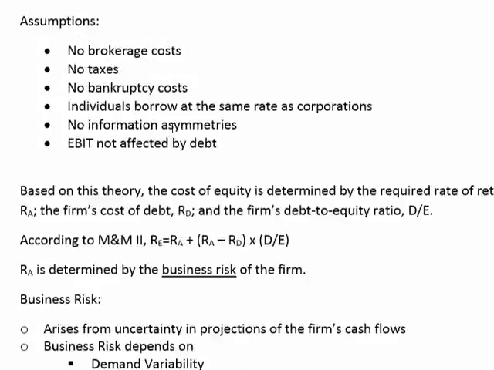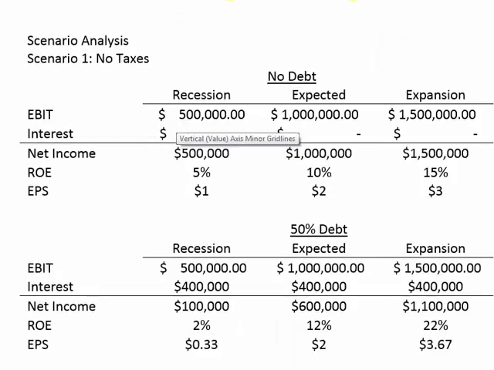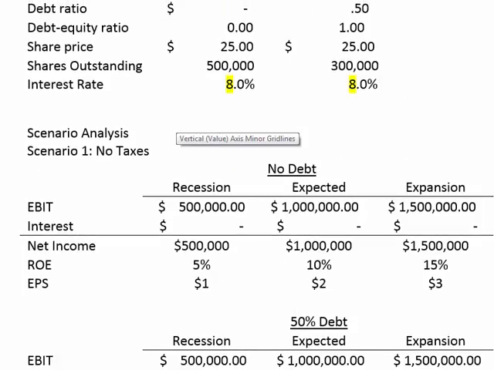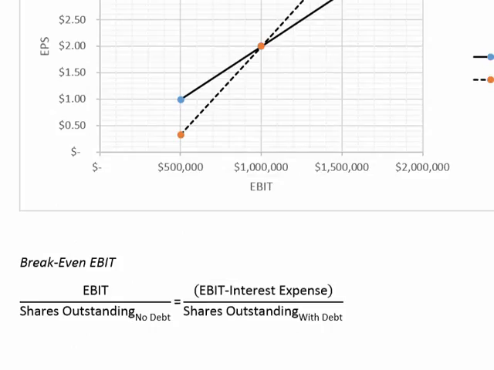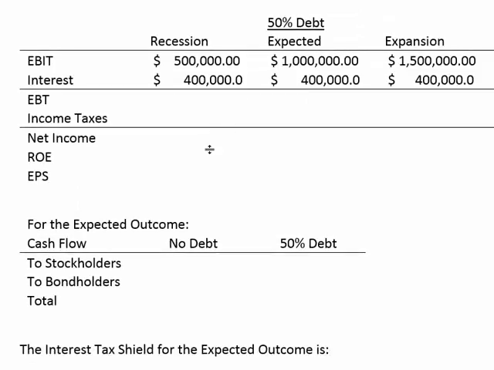If we scroll back up to page 1, our equity in the no debt situation was 10 million, and with the debt was 5 million. So I'm going to put in 10 million here. Our ROE is 300,000 divided by 10 million, and that gives me 3%.